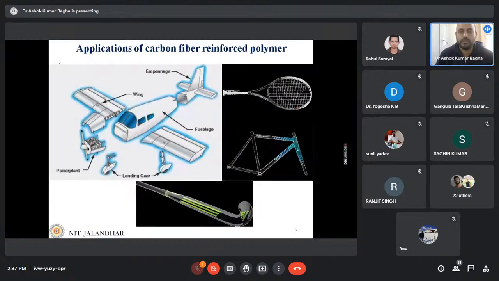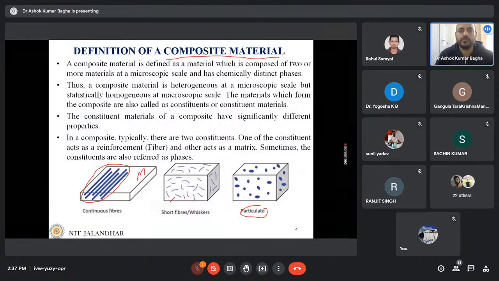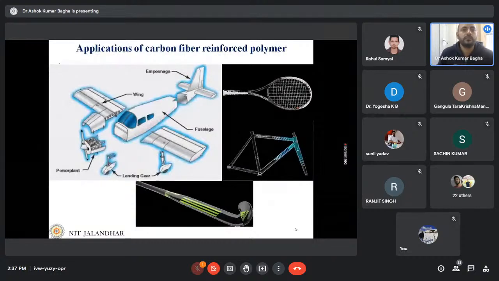That is why composite materials are mostly preferred. There are various applications of composite materials, mostly carbon fiber reinforced polymer. When you reinforce the plastic with carbon fiber, it is a strong material in terms of mechanical property.